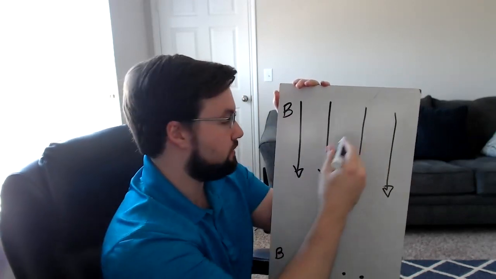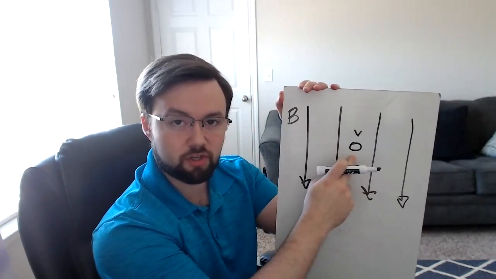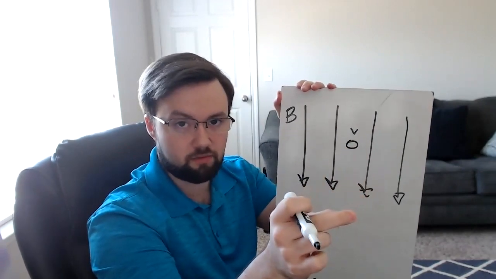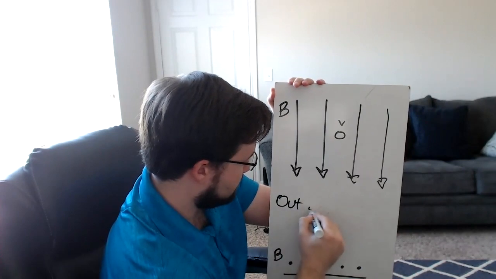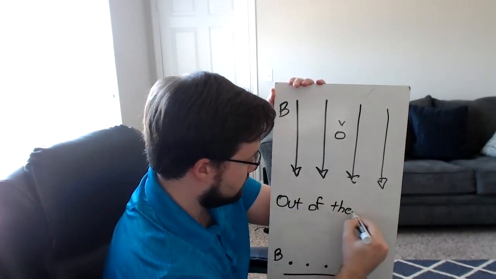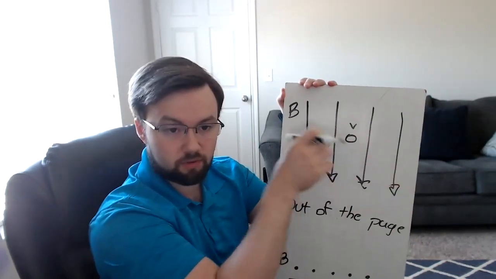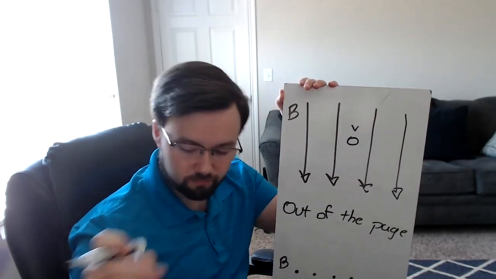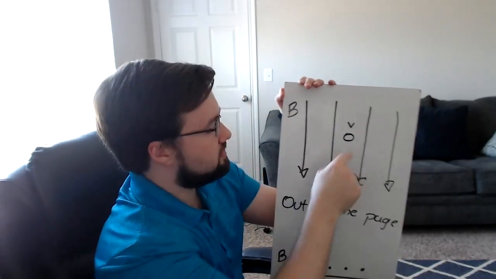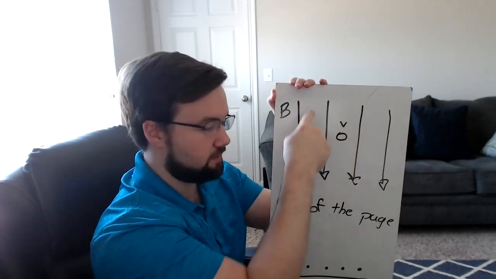And then you have this dot right here, which is telling you that this charge is coming out of the page at you. Remember, the dot means out of the page. Or in this case, my whiteboard, so it's coming out straight to you. Think of it like the head of an arrow coming right at you. So this is coming out of the page, my current, and the magnetic field is pointing down.